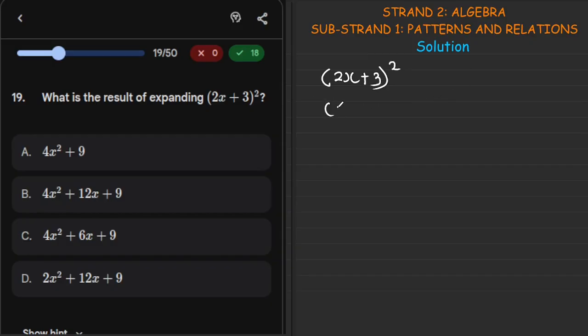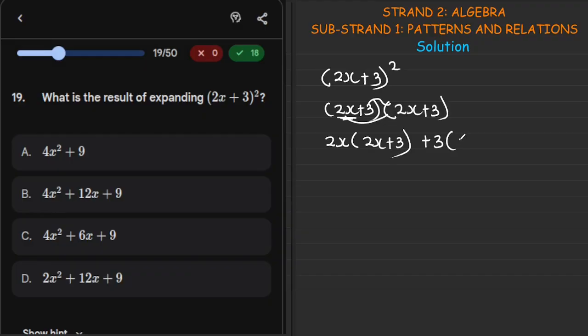That is to say, 2x plus 3 is multiplying 2x plus 3 again. So with that, this first term multiplies this whole bracket. This second term also multiplies this whole bracket. So for the first one, we have 2x into bracket 2x plus 3. And for the second one, we have a positive 3. Always take note, you need to write it with the sign in front of it.